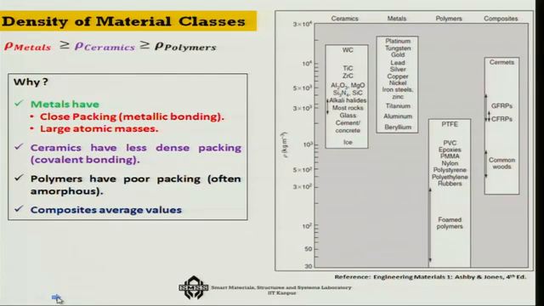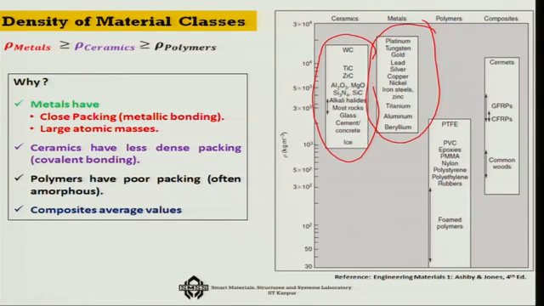Now, if you have a look at the density of various material classes, in the high density region you will see mostly metals, like tungsten, gold, lead, which have very high density, then titanium, aluminum, beryllium, etc. Ceramics, which I will talk about in a later talk, are also comparable density-wise.